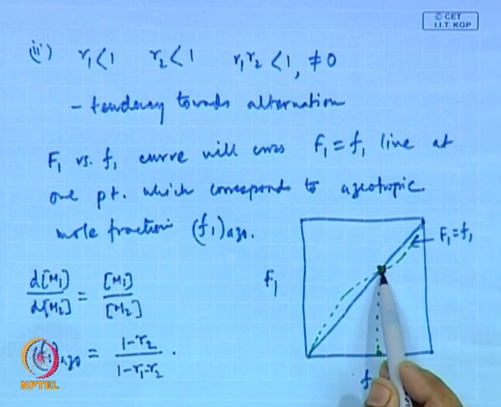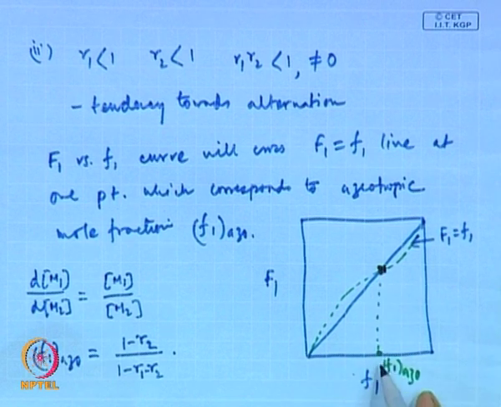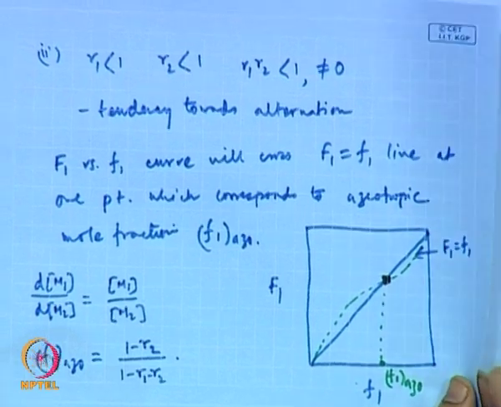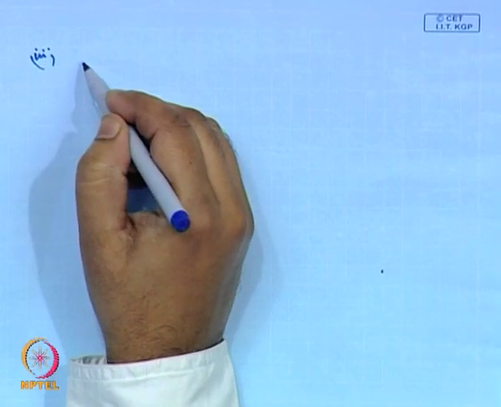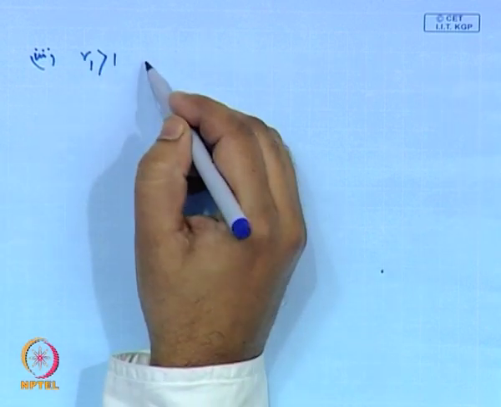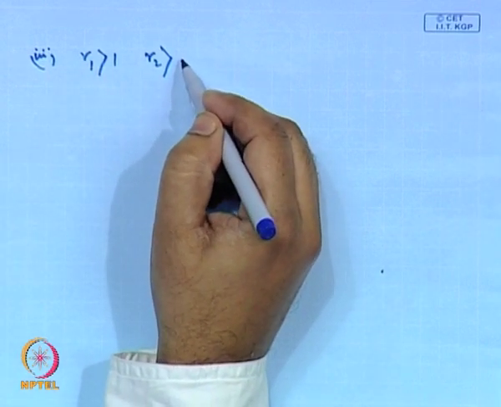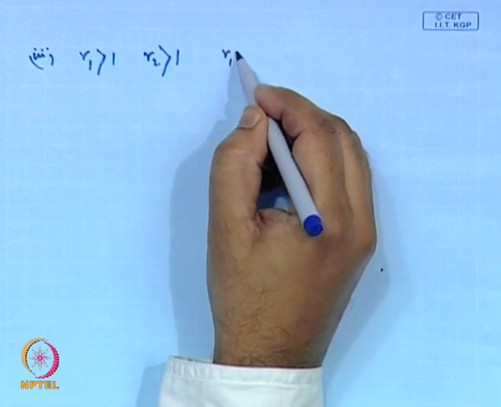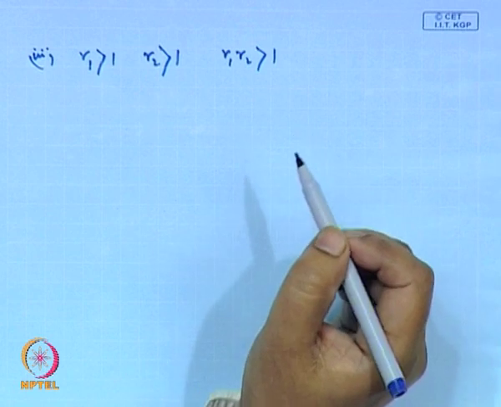So, if you do a copolymerization starting from a monomer composition here, then the corresponding copolymerization will be termed azeotropic copolymerization. Now, there is a third possibility in this set where you have both R 1 and R 2 greater than 1, and obviously R 1 R 2 would be greater than 1.